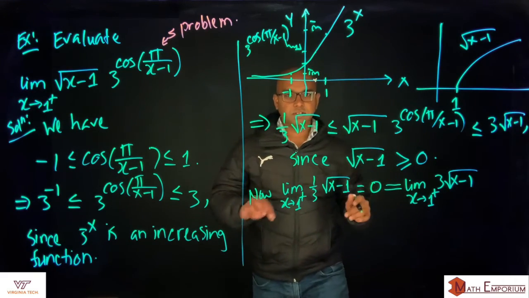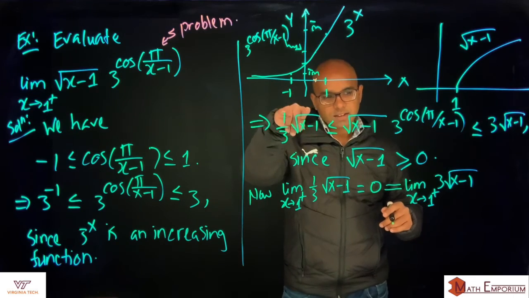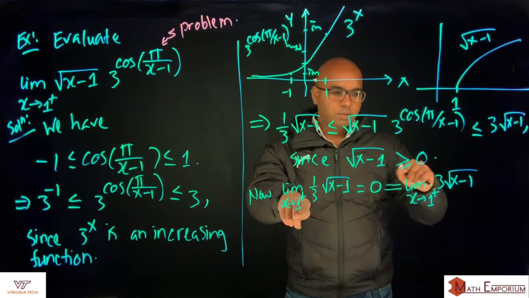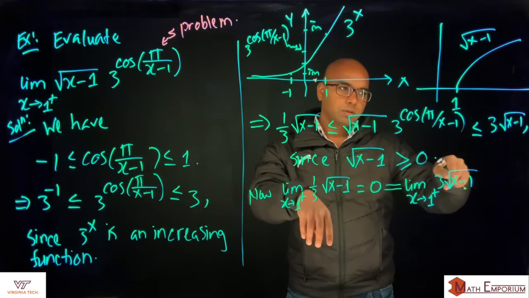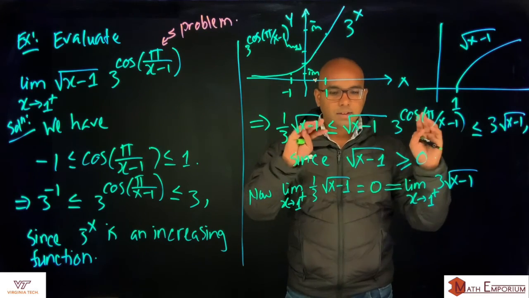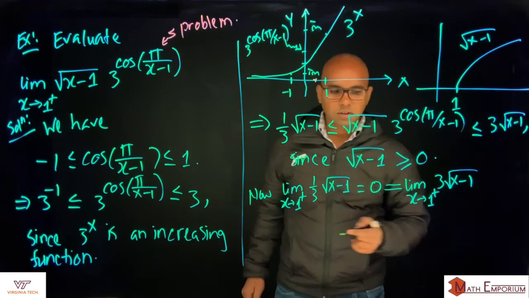So we get 3 things. The leftmost function has a limit at 1 from the right. The rightmost function also has a limit there, and those two limits are equal.